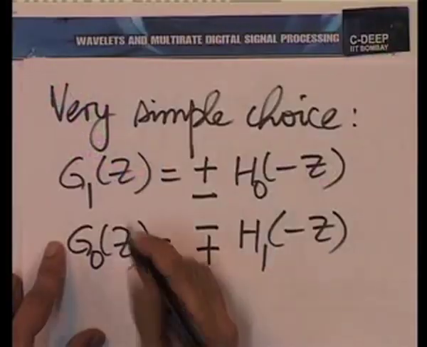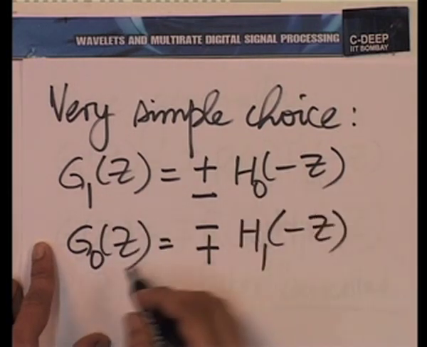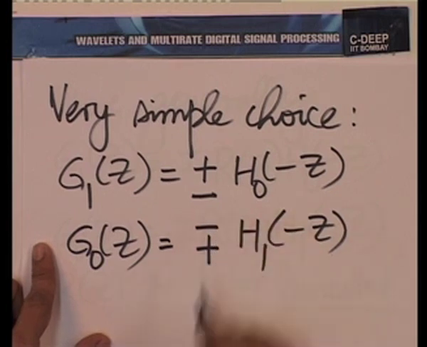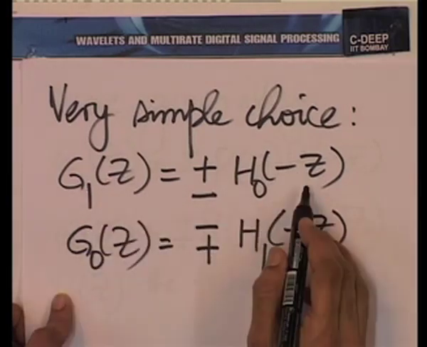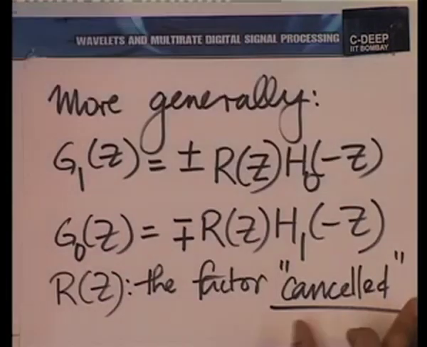Now, let us interpret what we had written here, namely G1(z). This is a very simple choice: G1(z) is H0(-z) and G0(z) is plus or minus, you just interchange plus or minus here, H1(-z). So, let us take the upper one, G1(z) is H0(-z), the other one follows similarly.